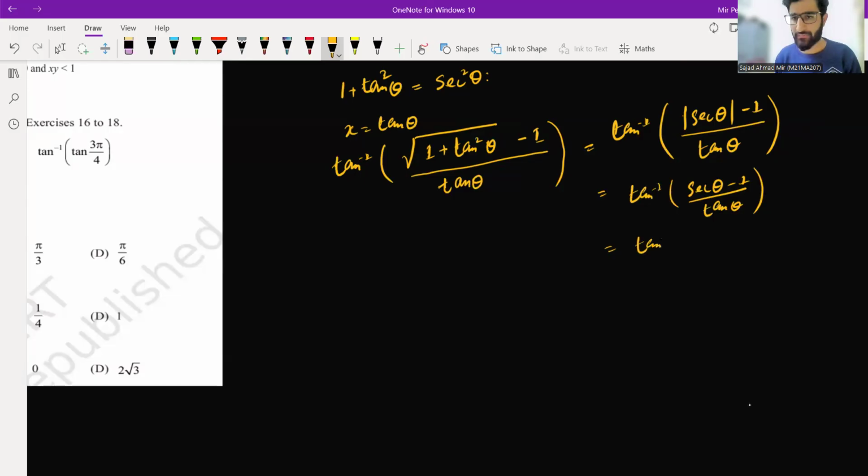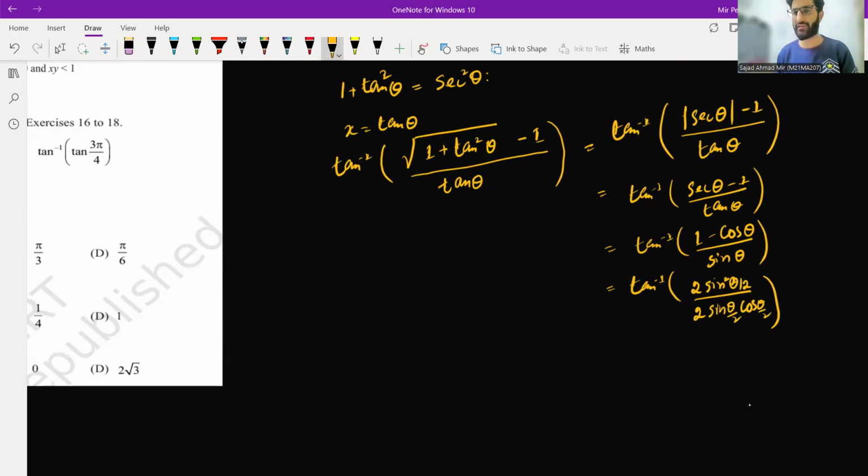And with further simplification, we get 1 minus cos of theta divided by sine of theta. So we get tan inverse of 2 times sine square theta by 2 divided by twice sine of theta by 2 cos of theta by 2.